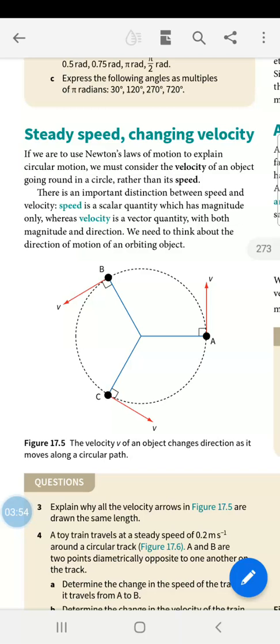As shown in the below diagram, the velocity changes every instant because the direction changes. But the numerical value of the velocity remains the same, within brackets, right, as shown by the same length of the arrow.